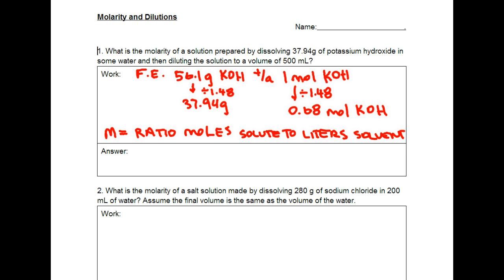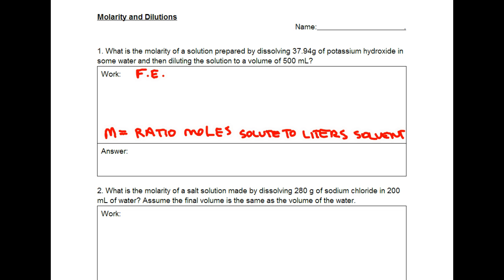Potassium hydroxide's formula is KOH, and that's where we get that first for every statement. For every 56.1 grams of KOH, there is 1 mole. However, there's 37.94 grams of KOH. So what we get is 0.68 moles of KOH.